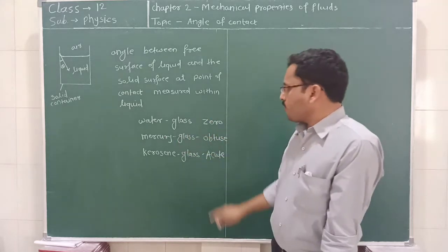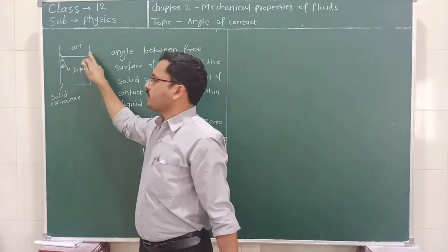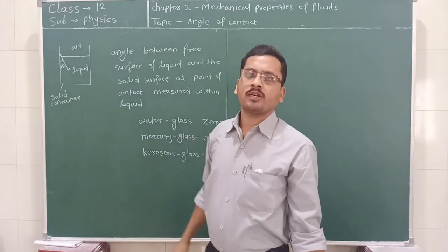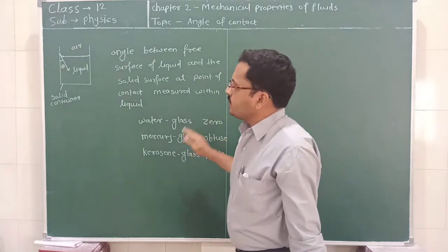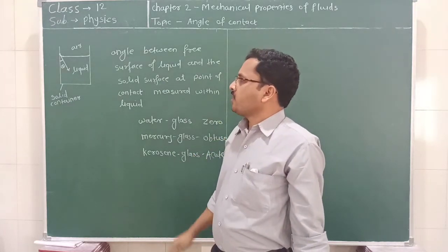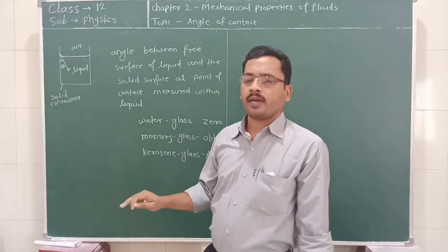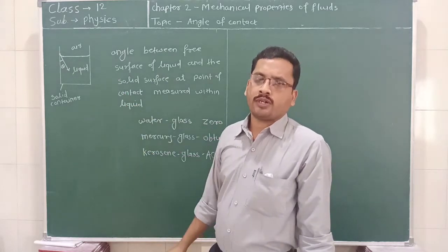Why does this angle of contact change? It is due to the shape of the meniscus. What is meniscus? The surface which is in contact with the solid surface. So we will explain the shape of the meniscus, which is due to the forces applied on the molecules near the wall of the solid surface.